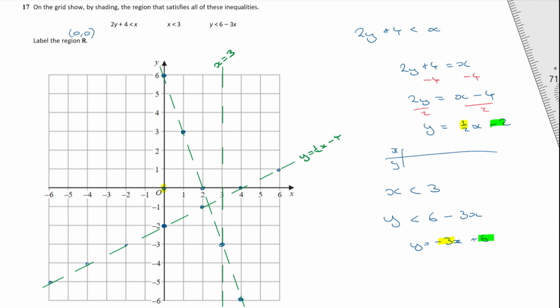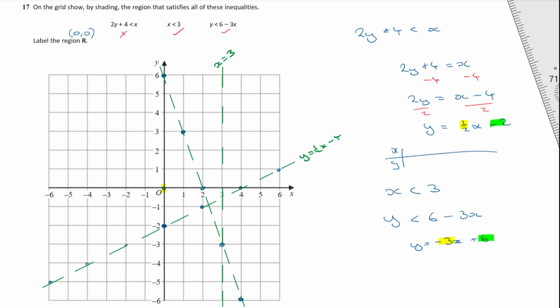So if x is 0 and y is 0, is 2 lots of y plus 4 less than x? No, because 0 plus 4 is 4, and 4 is not less than 0. So that one would not be true at (0, 0). This one would be true, but it doesn't matter because they all need to be true. And finally, is 0 less than 6 minus 0? Yes, it is. So some of them hold and some don't.